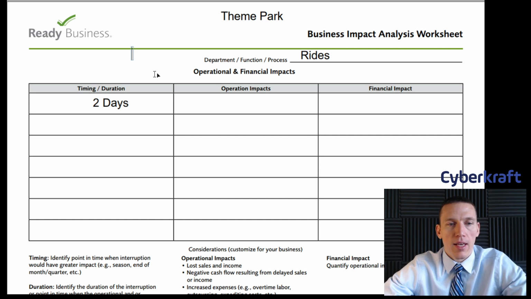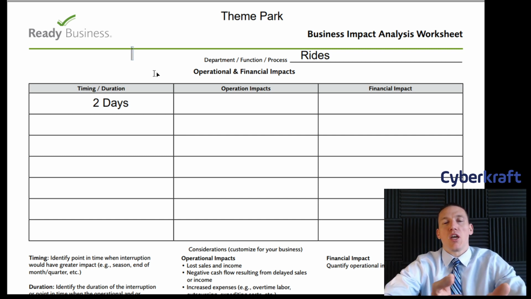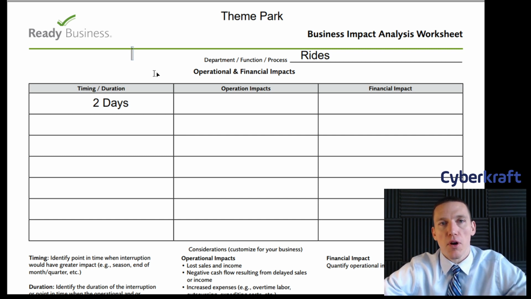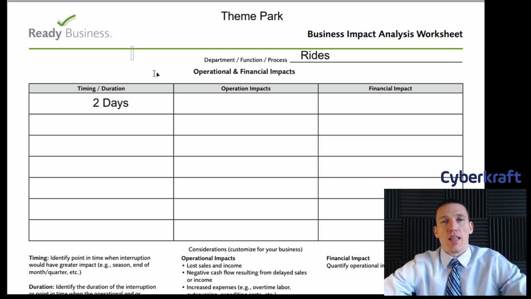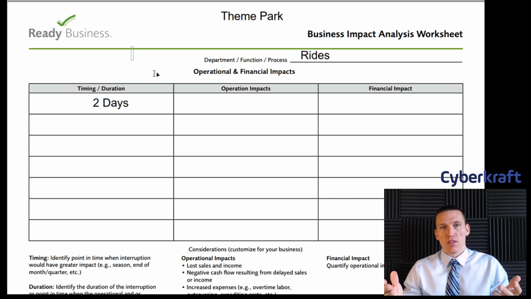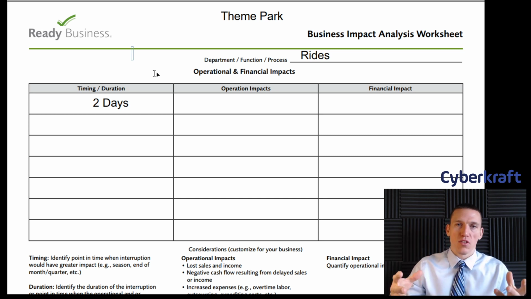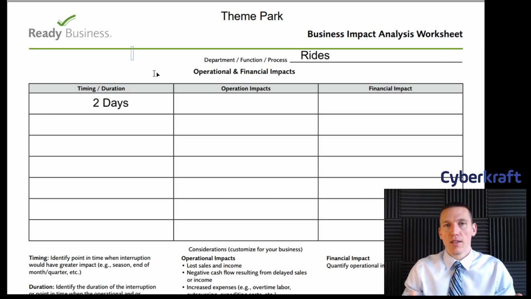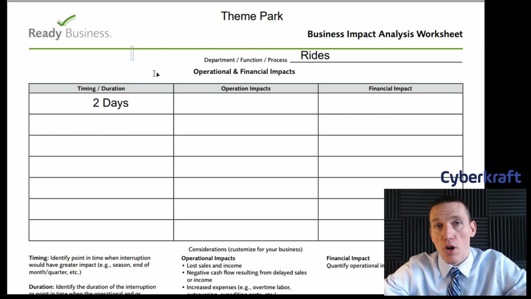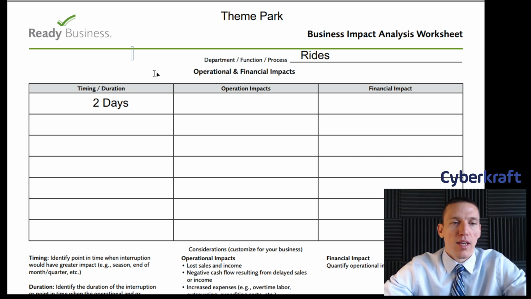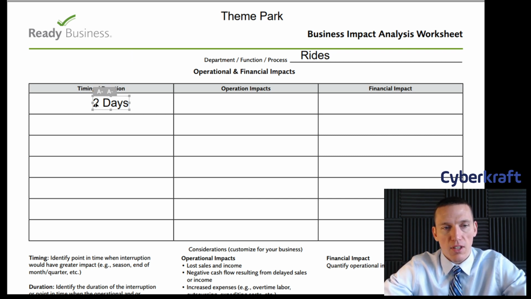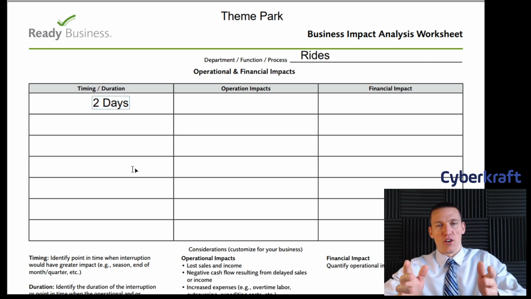Now with a theme park, depending on its location, say we have a theme park in Oregon, that might experience snowstorms during the winter. It's too cold during the winter to operate theme parks like this. And then in the summer is the prime time to operate theme parks. So there you might have a duration or a timing issue to consider.